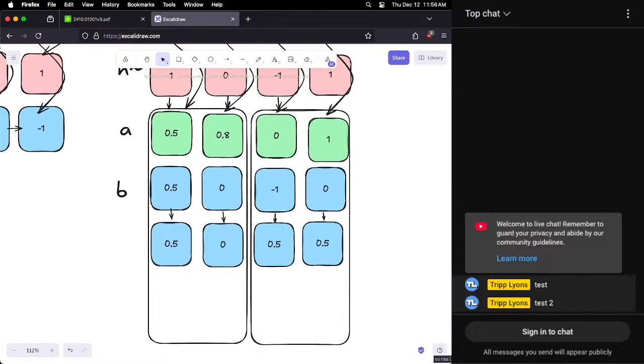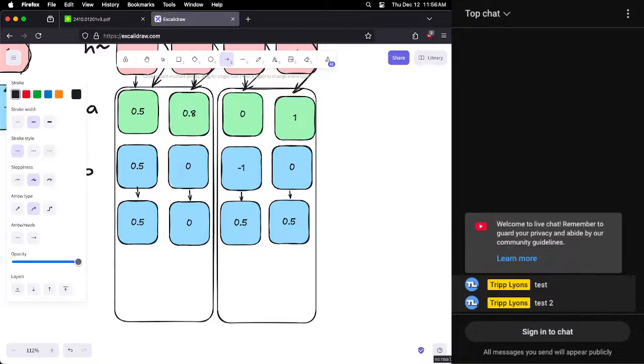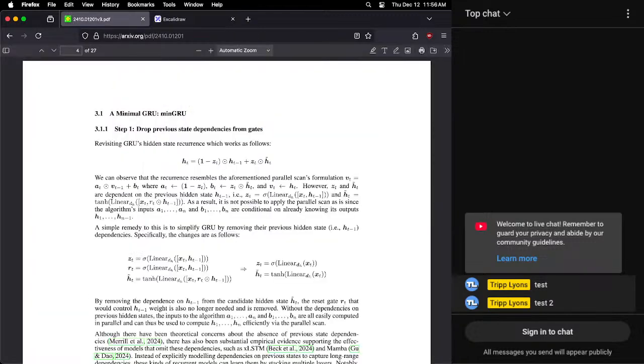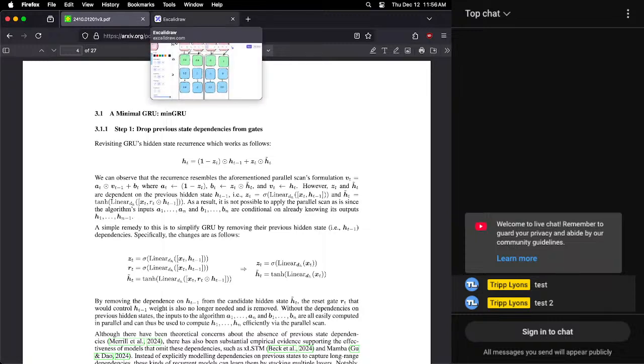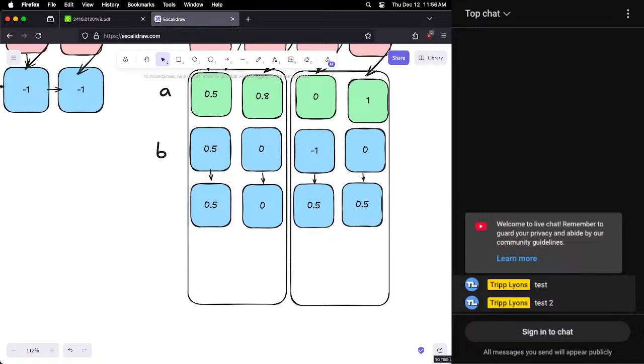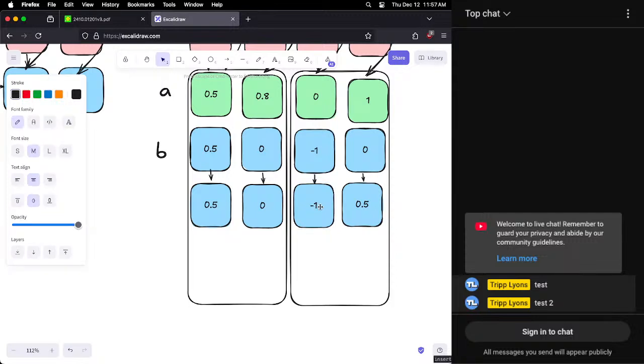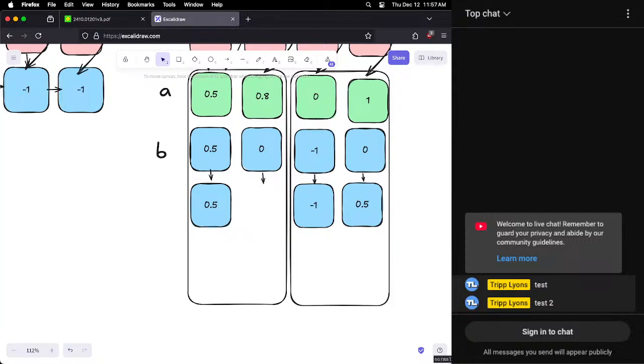Okay. So, in each group of 2, let's first start with this.